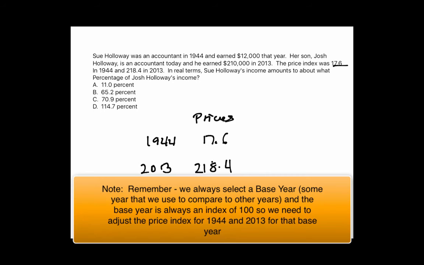If we divide both of these by 100, what we'll end up with is the amount that prices changed between this year and the base year, whatever the year was defined to be. It was obviously sometime between 1944 and 2013 when prices were at a price level of 100, which was just set arbitrarily as the base year.